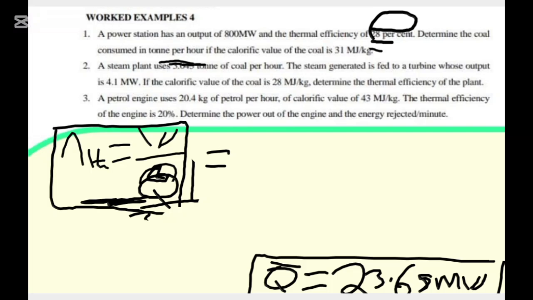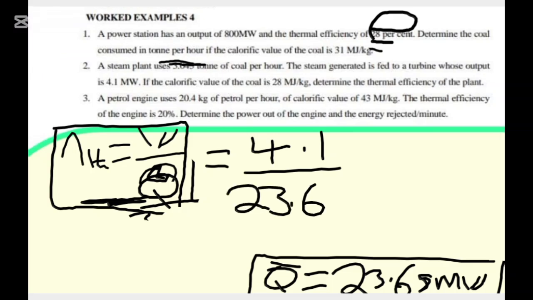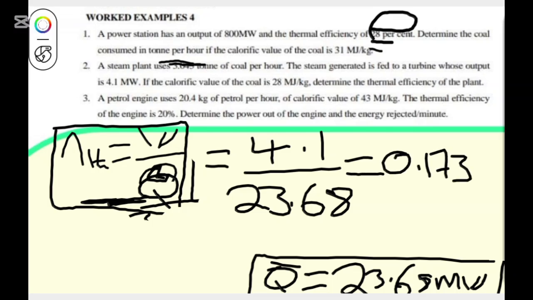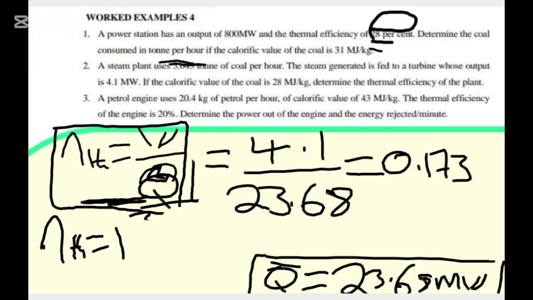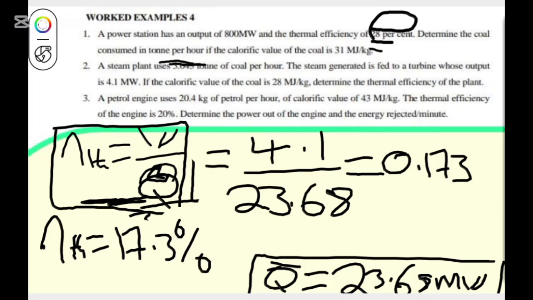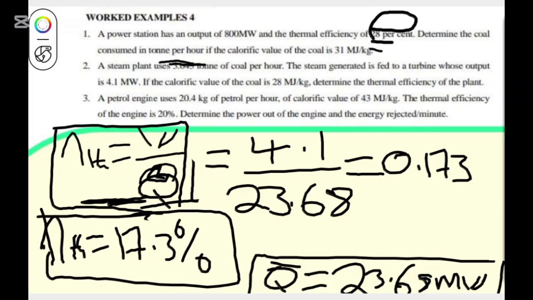The value of work, which is the power, 4.1, divided by 23.68, should now be equal to 0.173. So at the end, the thermal efficiency is 17.3 percent.